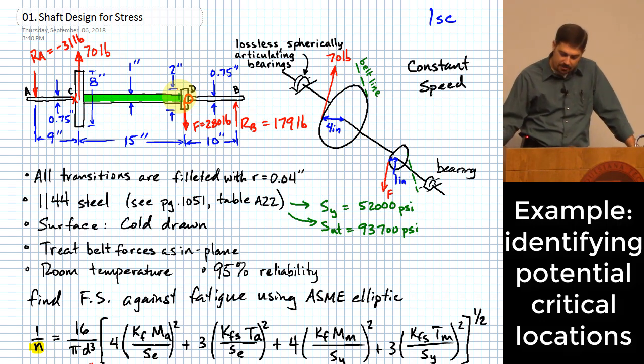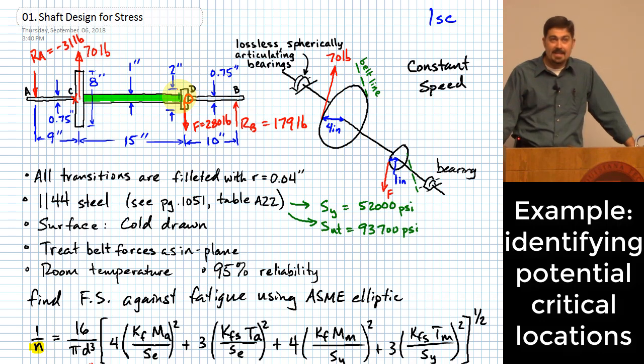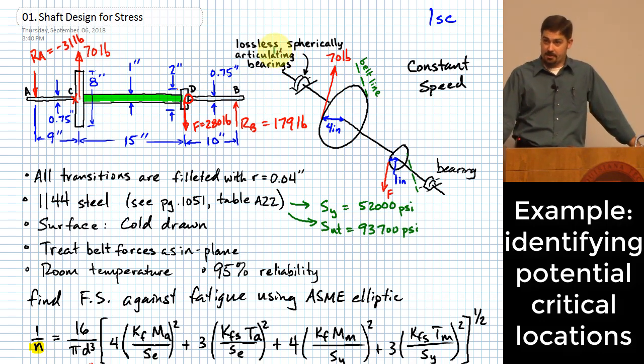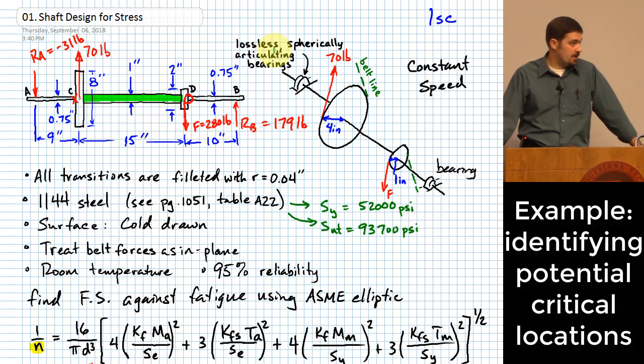Why is it not transmitting torque in segments AC and BD? Yeah, those bearings, and it says up here, lossless, right? We're assuming those have essentially zero torque applied at those locations.